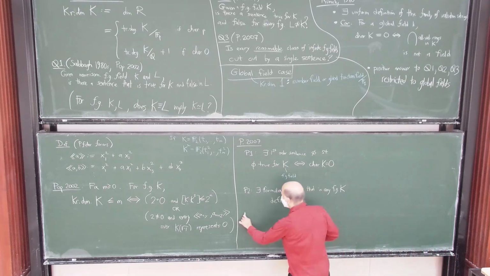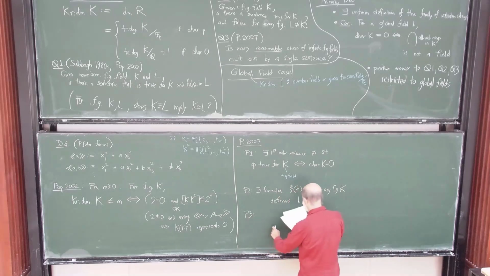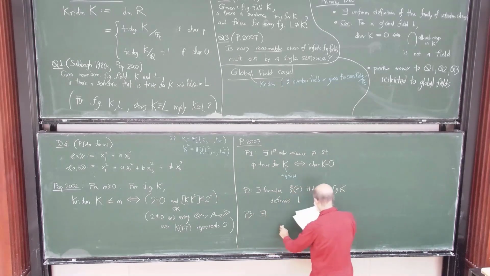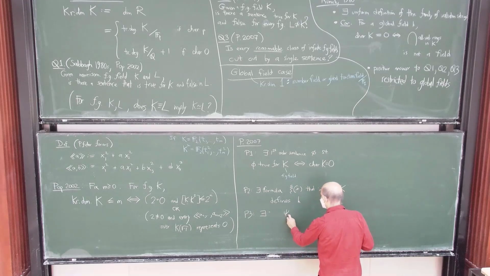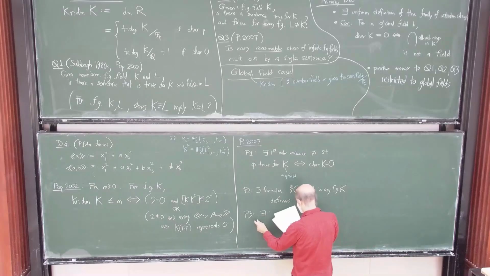And then the third part is that you can detect algebraic dependence. There exists another first order formula, this time for each n.